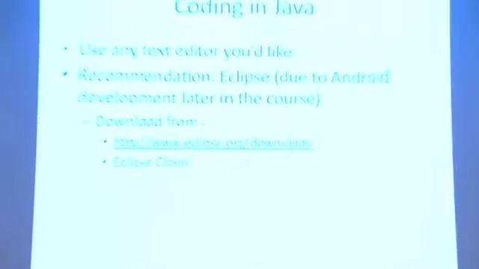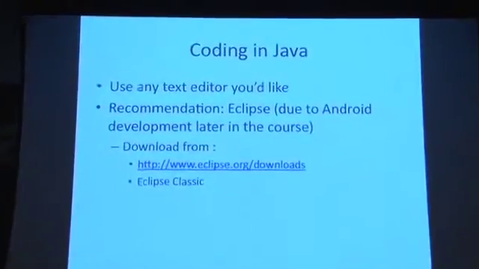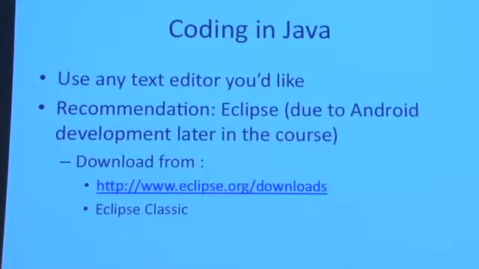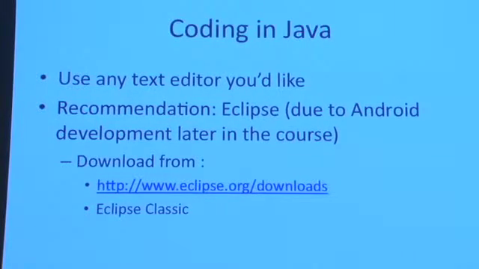When we code in Java, you can use any text editor you'd like, whether that be Nano on your terminal or PuTTY, or a more advanced IDE such as Eclipse. I actually recommend using Eclipse since we're going to be developing in Android later in this course.